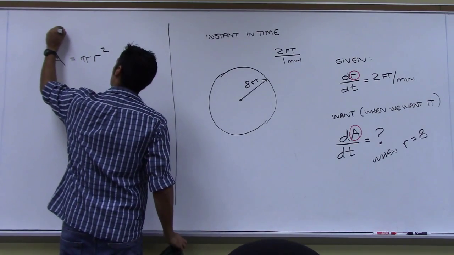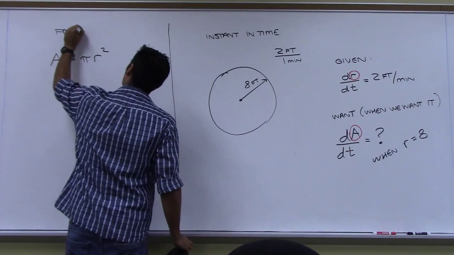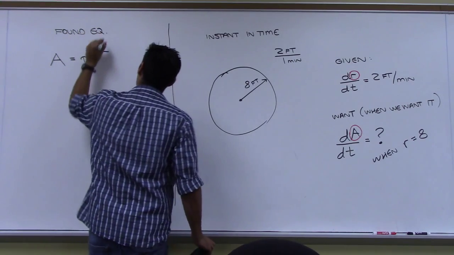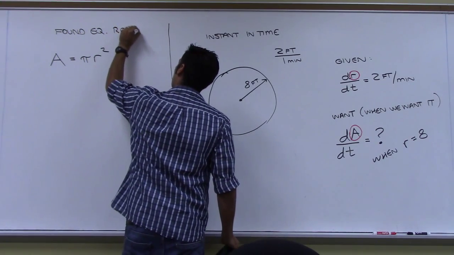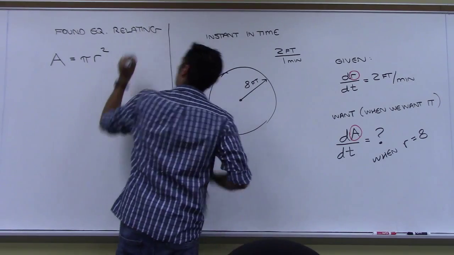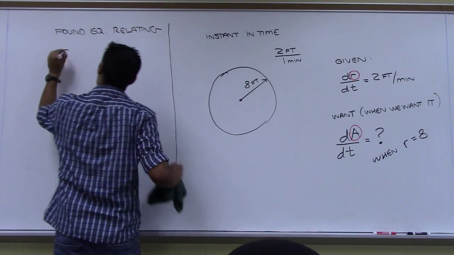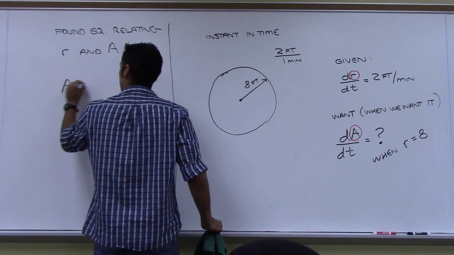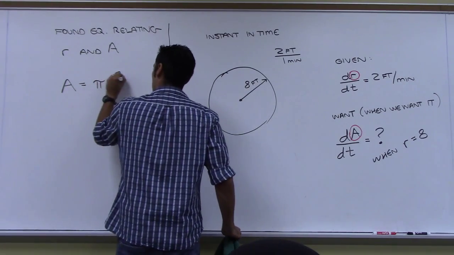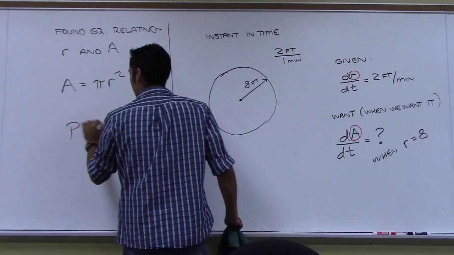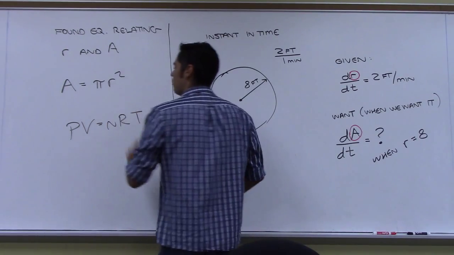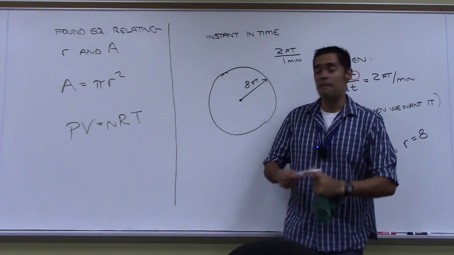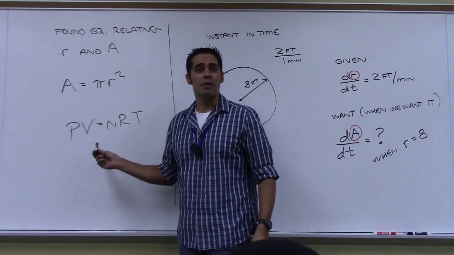So we found an equation relating R and A. Area equals pi r squared. And do you see what I'm trying to get at now with that formula from last class? I tried to convince you that it doesn't matter what equation you're ever given.